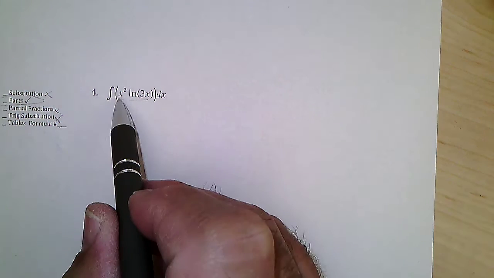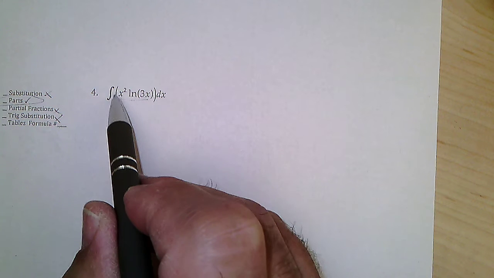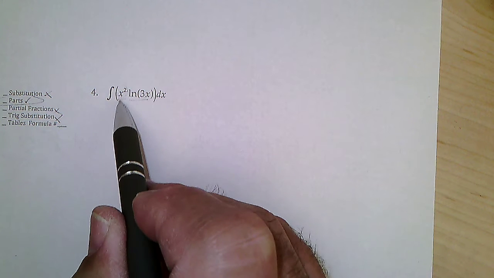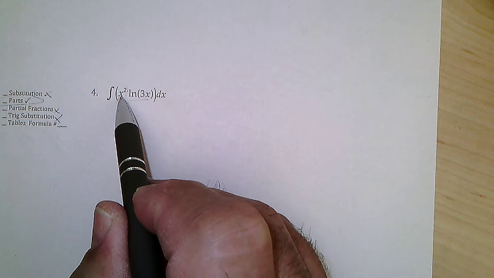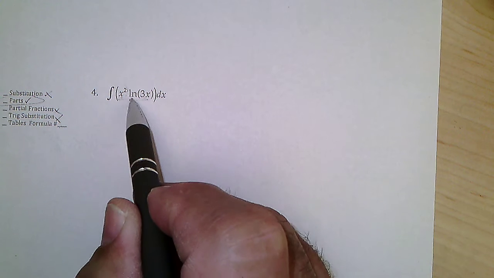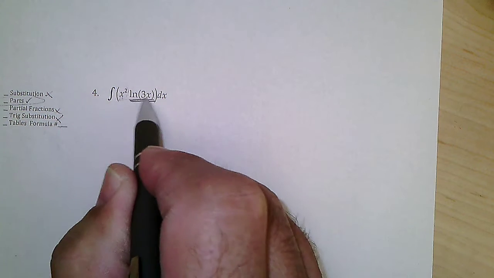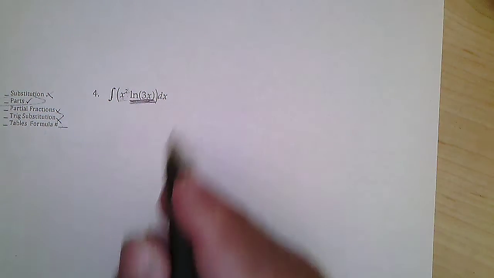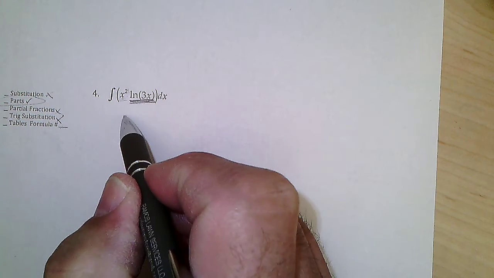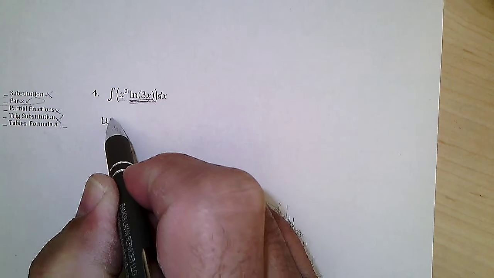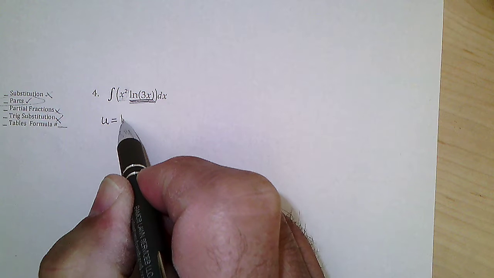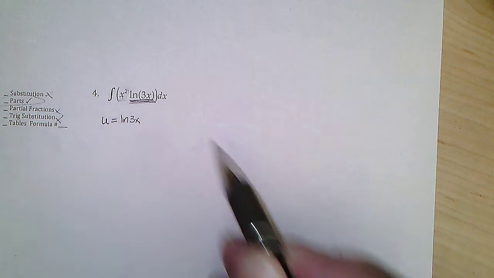And normally we let u be the x squared so that when we take the derivative it gets simpler. Except when we have ln. And I've said this several times, and some of you must have been on vacation when I said that. This one is where we would let u equal ln 3x.